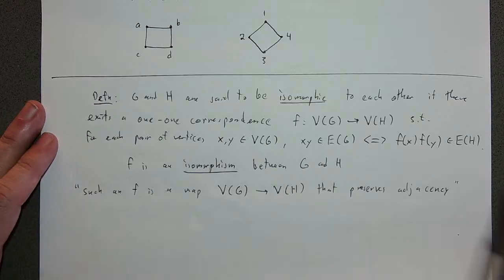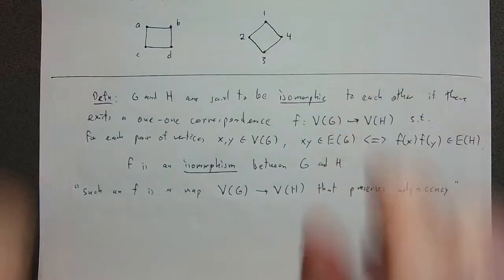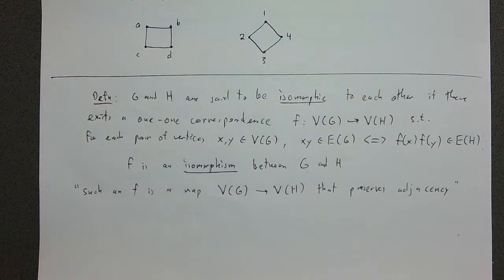But I'm going to zoom out from graph theory for a second. Whenever you encounter an isomorphism in math, this notion of objects or mathematical structures being the same type, isomorphic, the idea is that there is some structure that is being preserved by the map.